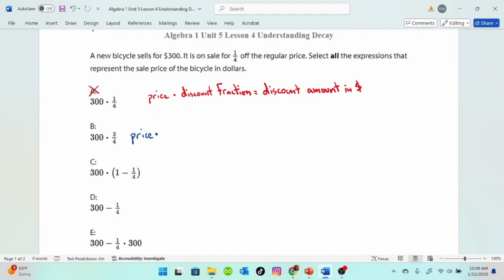So the 3/4 is the fraction to pay, and that's going to give us the amount to pay in dollars. So B is a correct answer. One way that we can find the actual sale price is to multiply the original price times the fraction that we still have to pay after the discount.